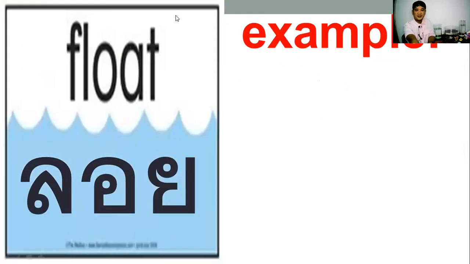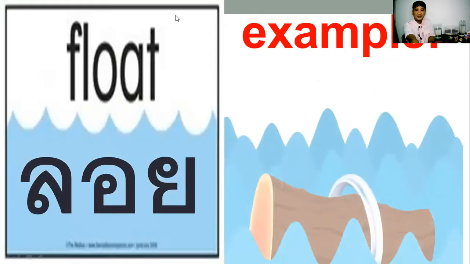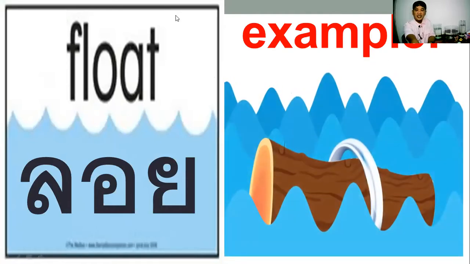Another one, oh, it's a wood. Wood is floating over the surface of the water. Therefore, wood is an object considered as a float object.